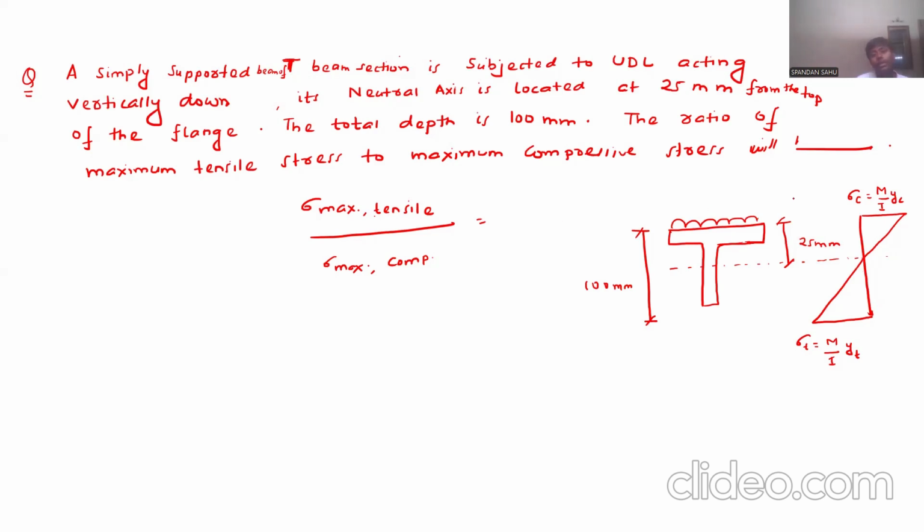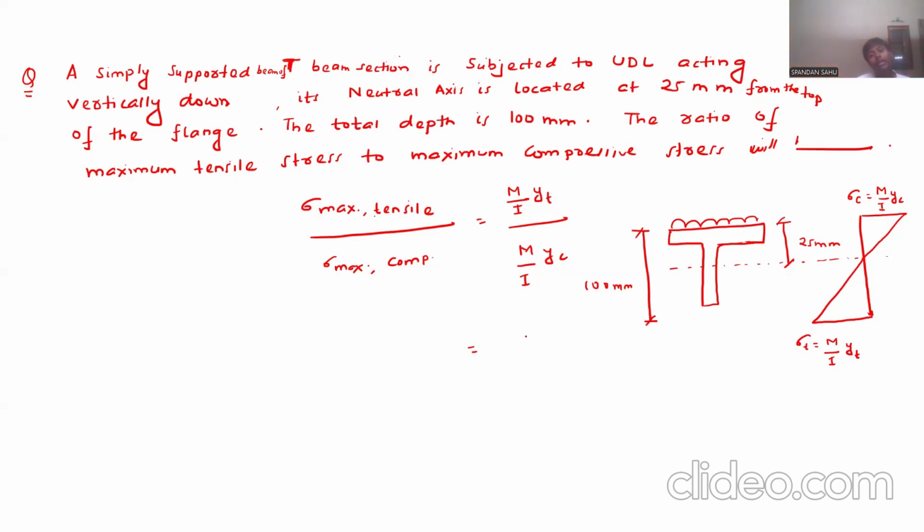So sigma max tensile will be M by I into YT. Similarly, M by I into YC will be the sigma max compressive. So sigma max tensile upon sigma max compressive will be nothing but YT upon YC, because the M by I ratio will get cancelled from the top side and bottom side, because they are constant.